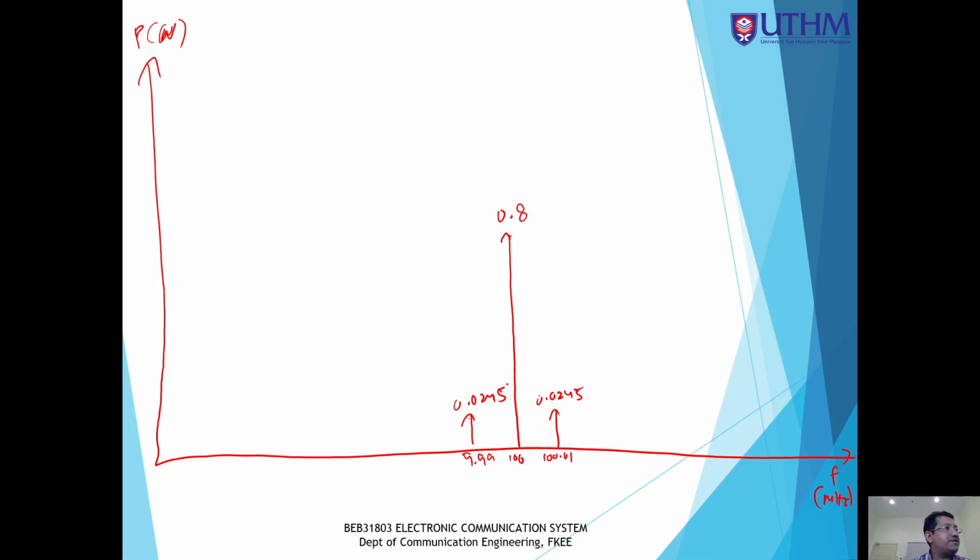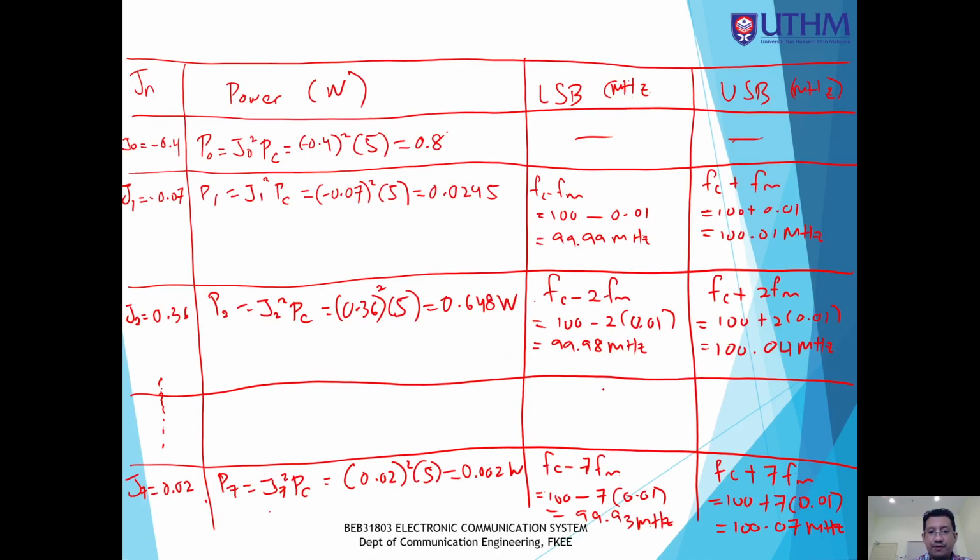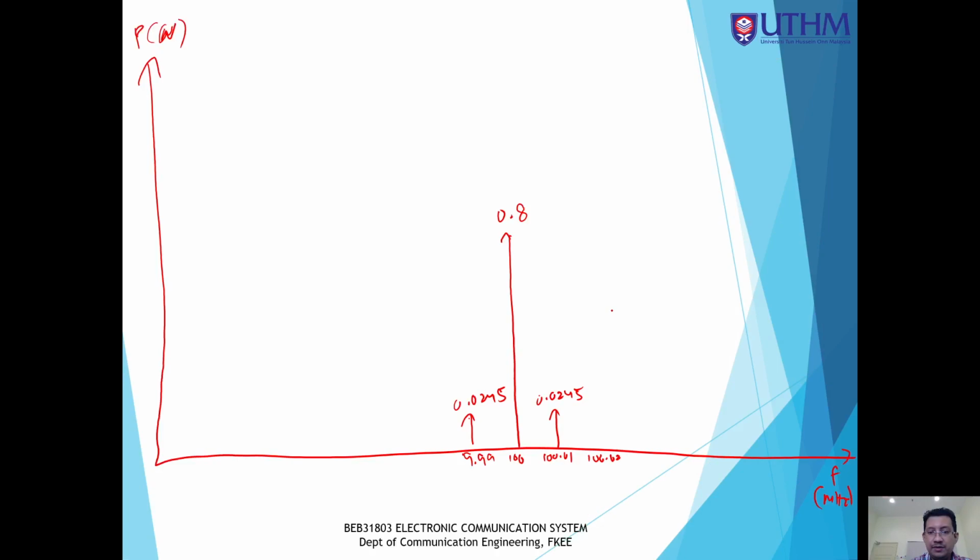And then the second sideband is located at 100.02, with a value of 0.648. So 0.648 is somewhere here. The other is at 99.98.